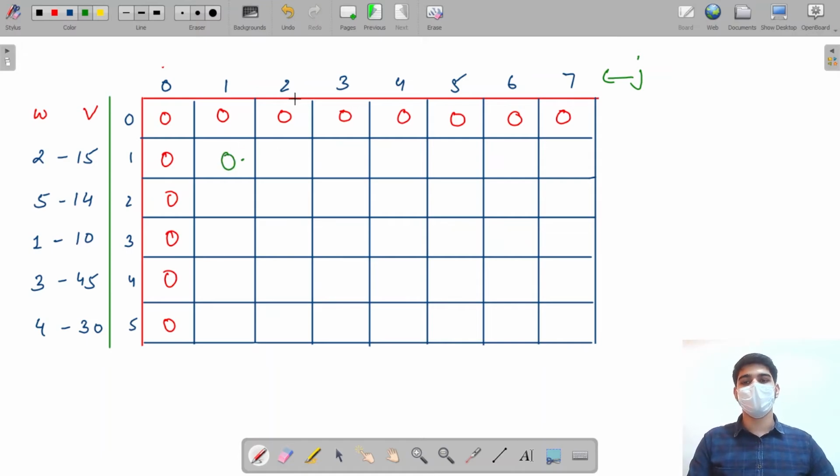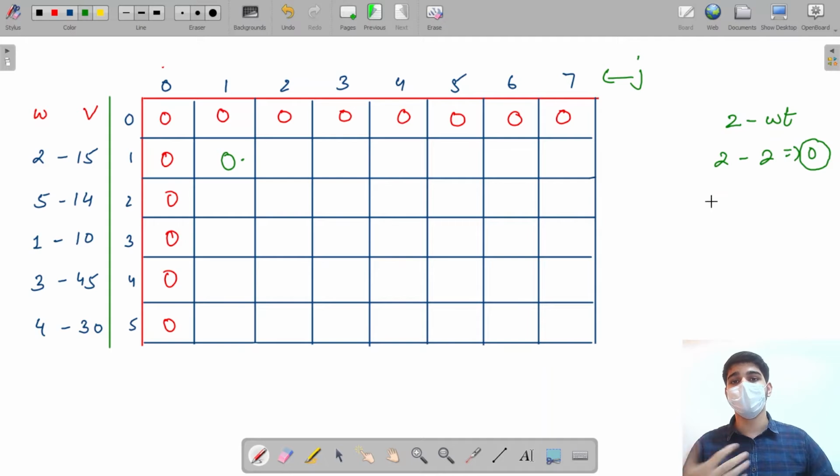Now the capacity of the bag is 2 and the weight of my item is also 2. That means I can both include and exclude my item. If I include my item, then from the current capacity, which is 2, I would subtract my weight. As my weight is 2, 2 minus 2 would give me 0. I would check, for capacity 0, what was the maximum value generated when I wasn't included, right?